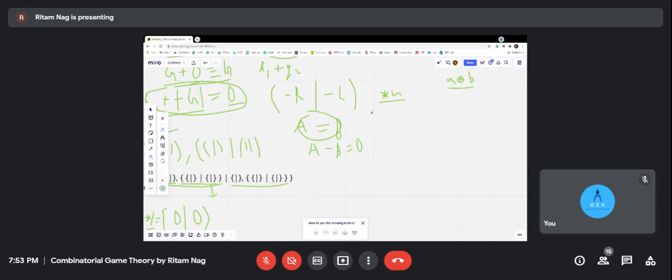The set of positions you can go to is S. Now every game in S is equivalent to a NIM game by induction. Correct. Now we just want to show that any set of NIM games is equivalent to another NIM game, if that's the set of positions you can go to.